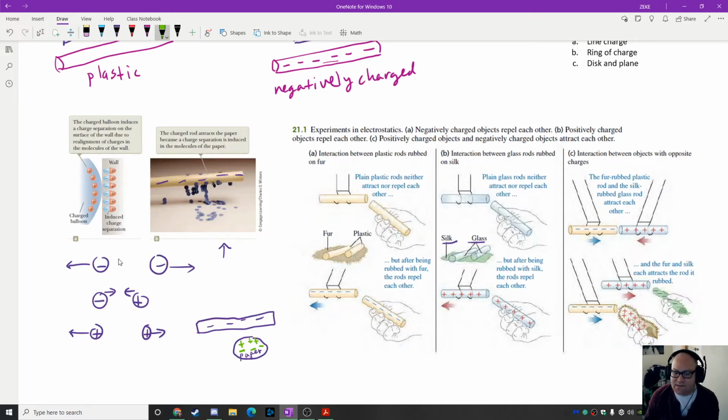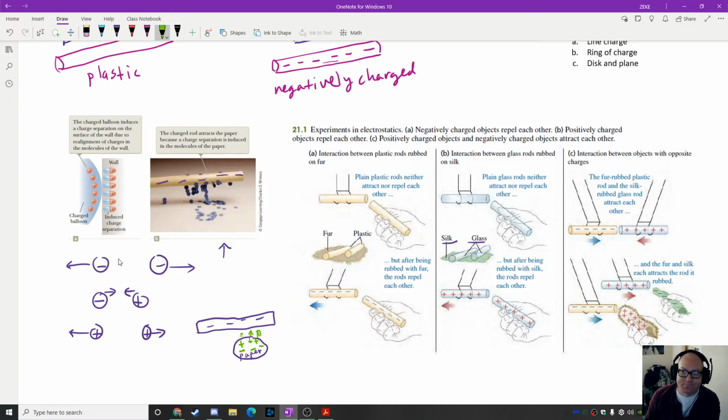And as a result, this thing can be locally attracted to this. Because what we're going to find out pretty soon, when we talk about Coulomb's Law, is the charges that are the closest are going to generate the biggest force, basically. So just like the balloon sticks to the wall, the little pieces of paper will end up sticking to the rod. Okay?